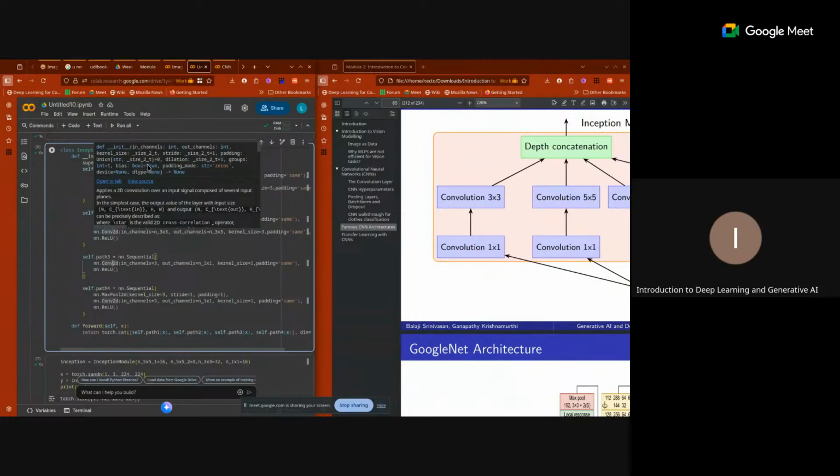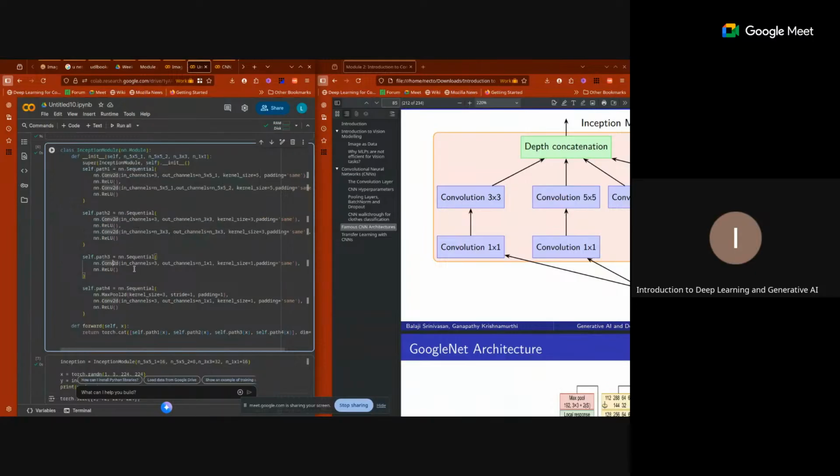By default it will be true, which means it will have biases. You can make this false to not have biases. Okay, sir, so by default it has one bias per layer, right? Yeah, bias will be there.